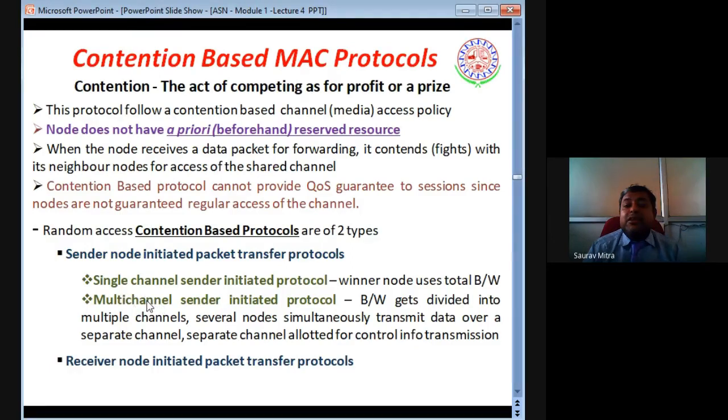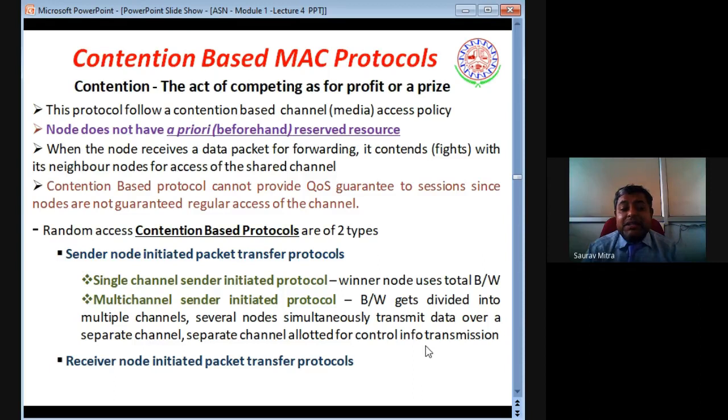If the one sensor node is booking multiple channels, then it is called a multi-channel sender initiated protocol. In the multi-channel sender initiated protocol, the bandwidth is divided into multiple channels. Several nodes simultaneously transmit the data over separate channels, and separate channels are allocated for control information transmission.